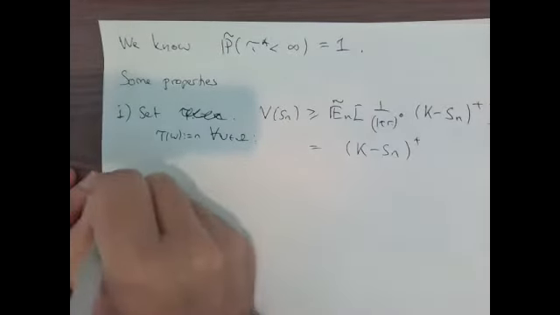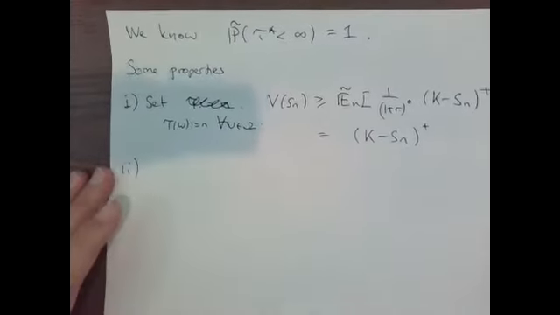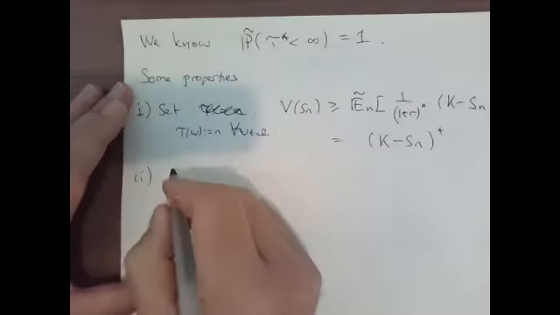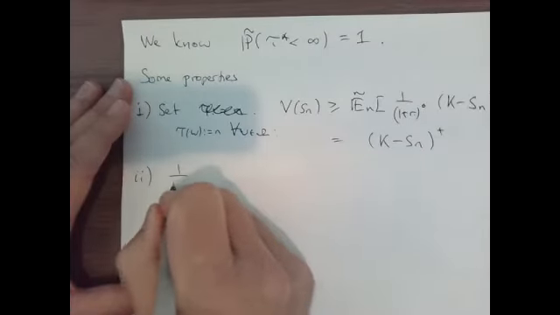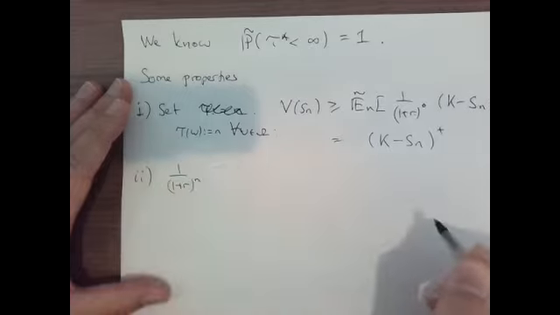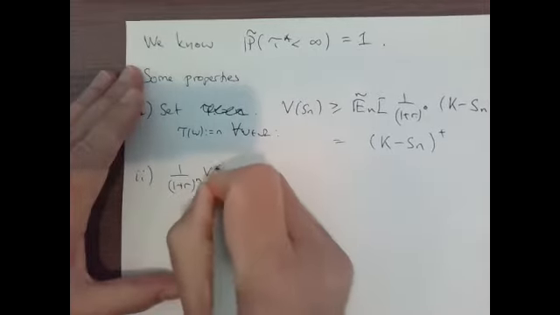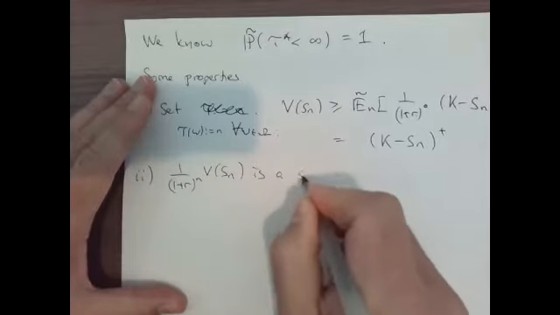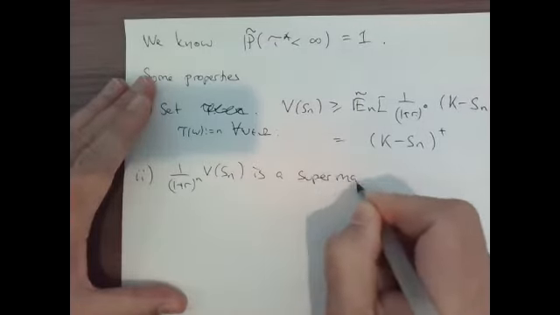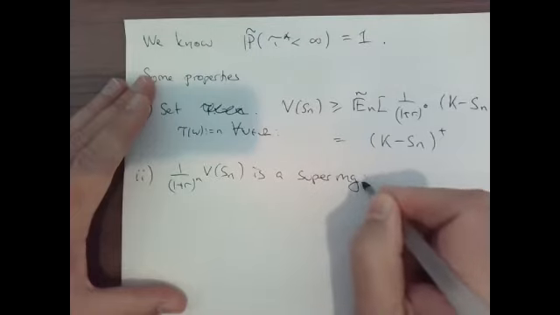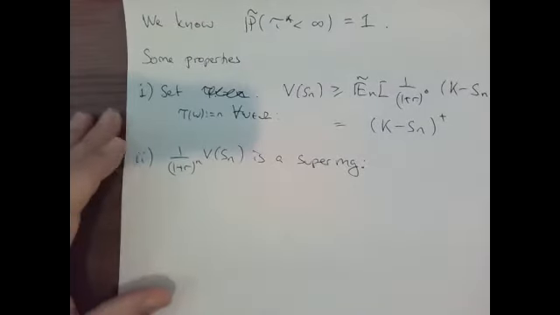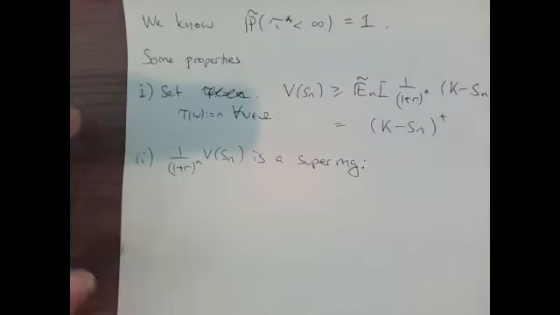Okay, so let's look at some more properties. We're claiming that 1 over 1 plus r to the nth of v of Sn is a super martingale. Okay, so how do we see that?